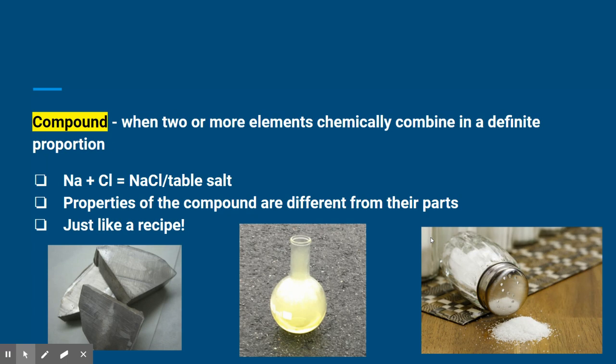Salt. Salt is actually called NaCl, and that's a compound. And we know that because we have more than one element symbol. Na is the symbol for sodium, Cl is the symbol for chlorine. And sodium chloride, sodium and chlorine bonded, is called table salt.